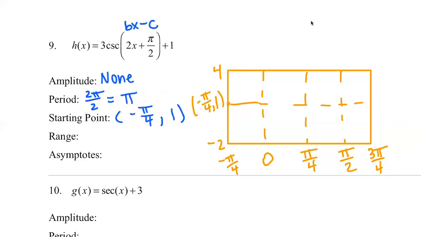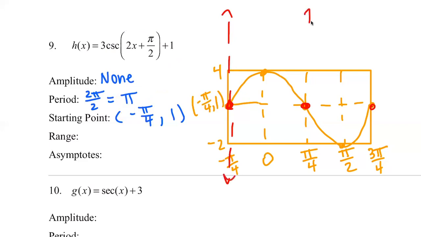Now, this is a cosecant curve, so we are looking at the reciprocal of sine. A is positive, so really lightly, I'm going to draw in a positive sine curve. Now, at these points that hit that middle mark, that is where our asymptotes will be located.